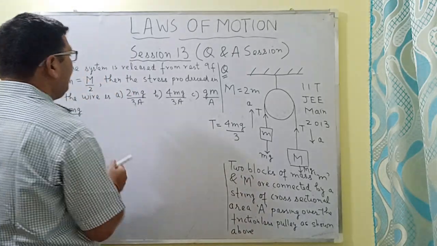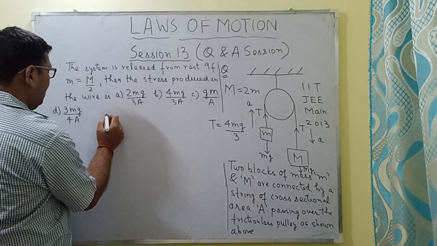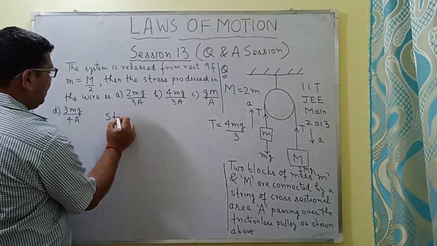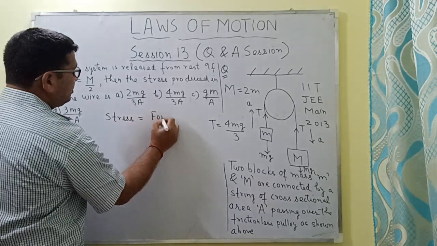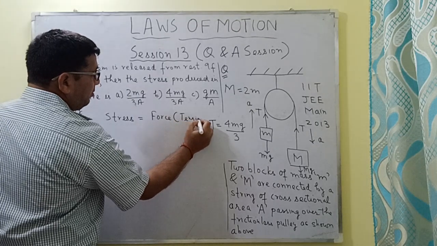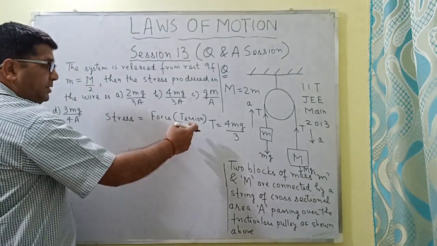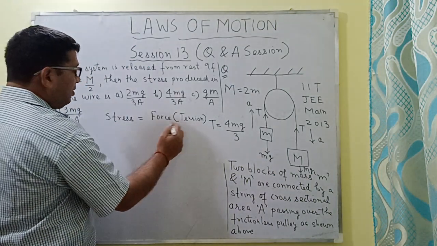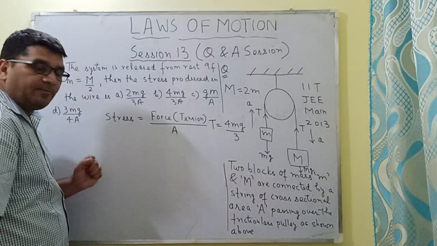Now we know that we have to find the stress which is produced in this wire or the string. So the stress is equal to force or tension. Tension is also a type of a force. So force or tension divided by the cross section area.